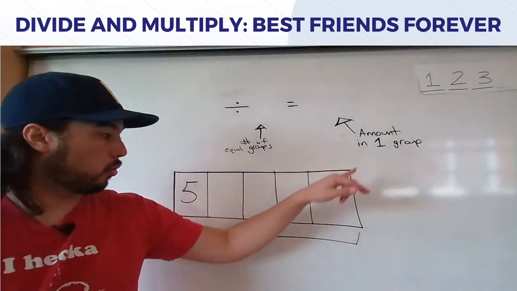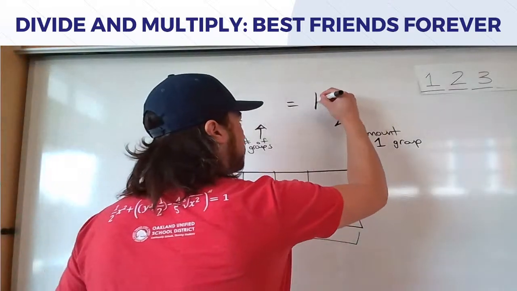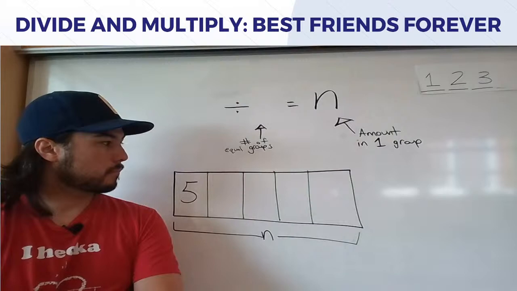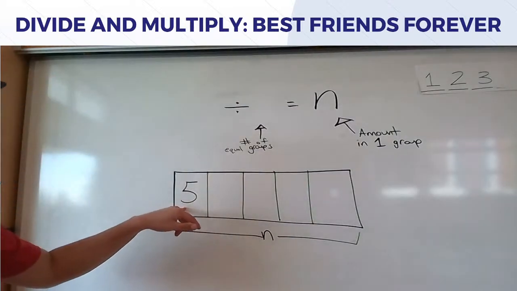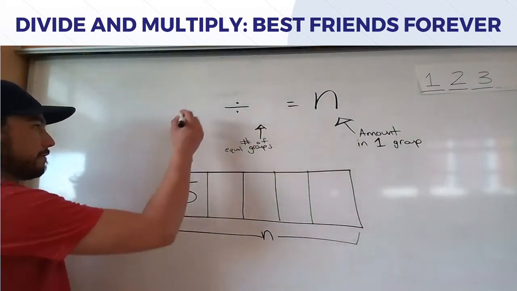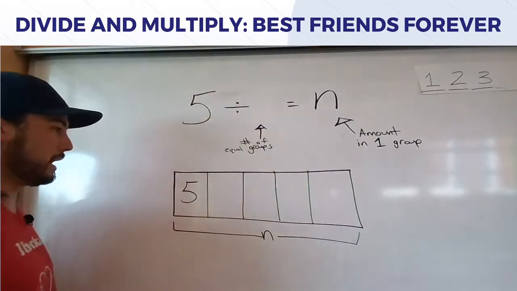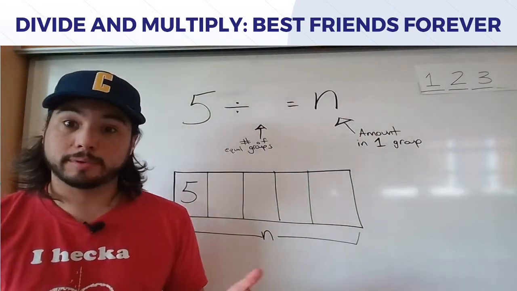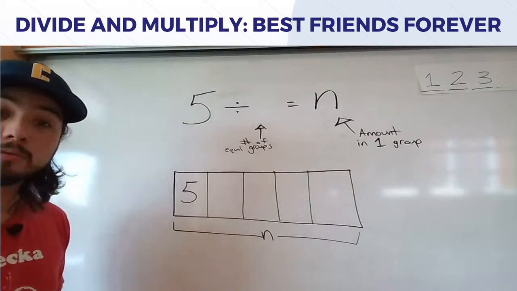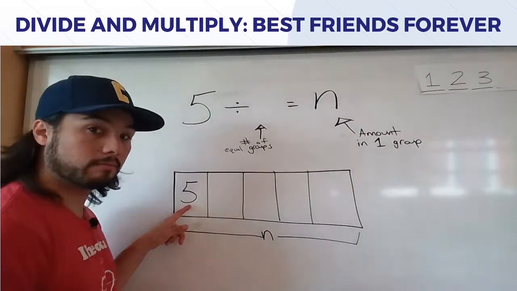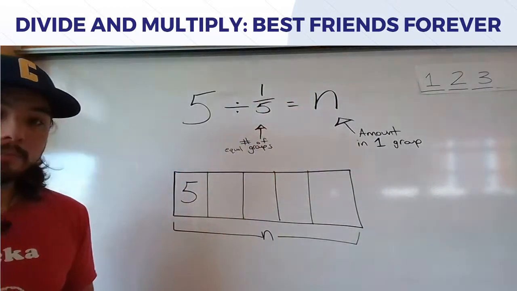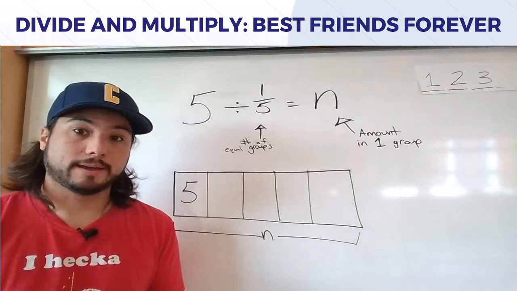The amount in the whole thing is going to be our n. Now let's think about it: our 5 is divided into what fraction of n? How many equal pieces do we have? 1, 2, 3, 4, 5. We've got 5, so this would be 1/5. So we end up with 5 divided by 1/5 equals n.